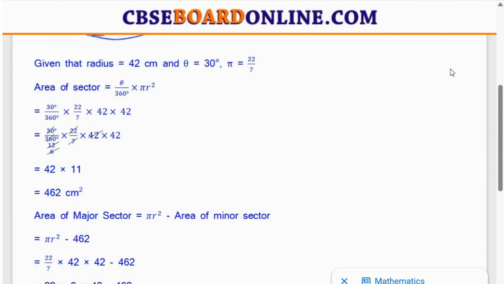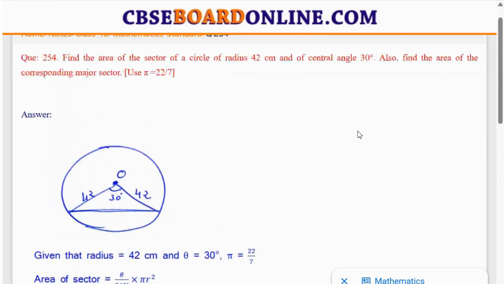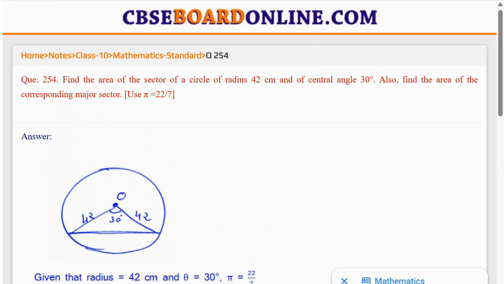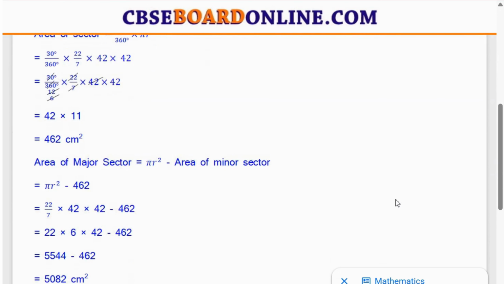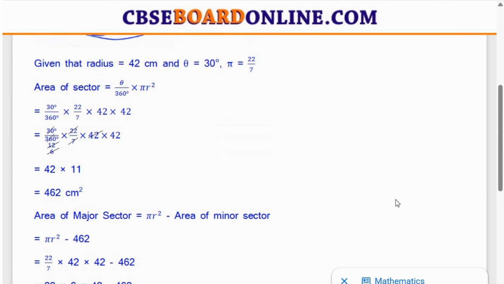Now in order to find the area of the major sector, what we have to do is, first of all, find the area of the minor sector, right? And afterward we also have to subtract it from the total area of the circle, right?